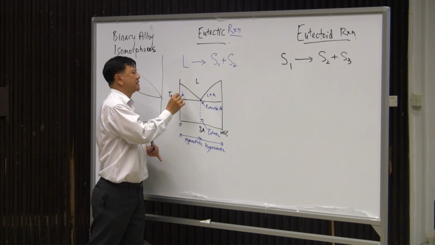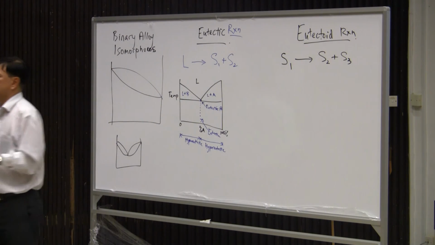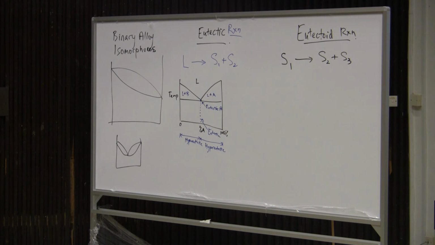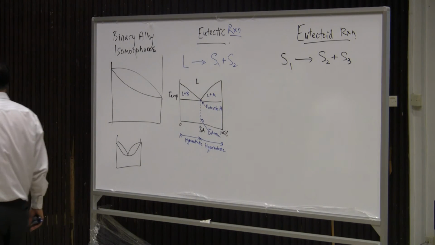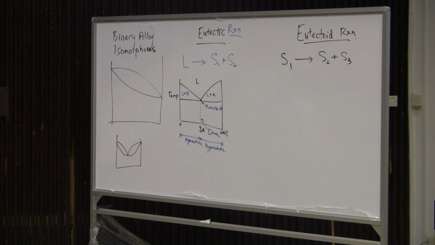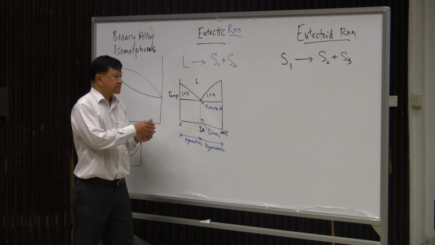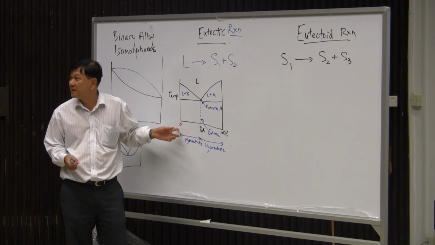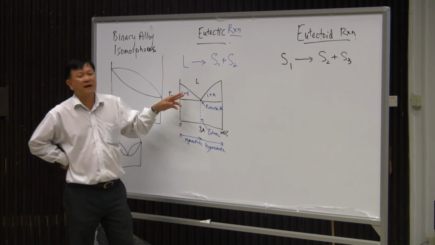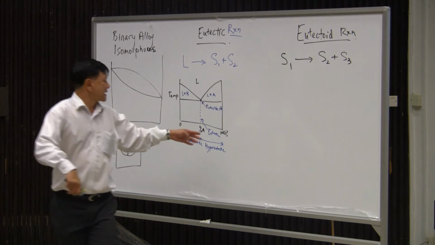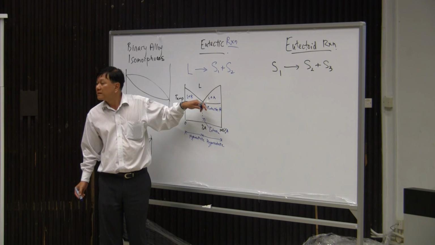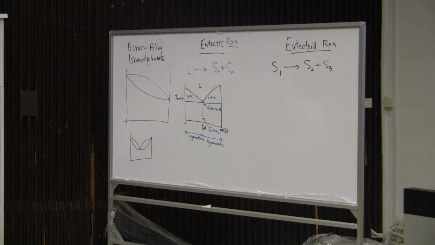And over this side here, I will get liquid plus B of B. Alright, so this one here is what? Here is 100% B, alright? So here will be liquid plus B of B. This side here is 100% what? A. So this side here will be liquid plus A. A is a solid. Are you clear now?